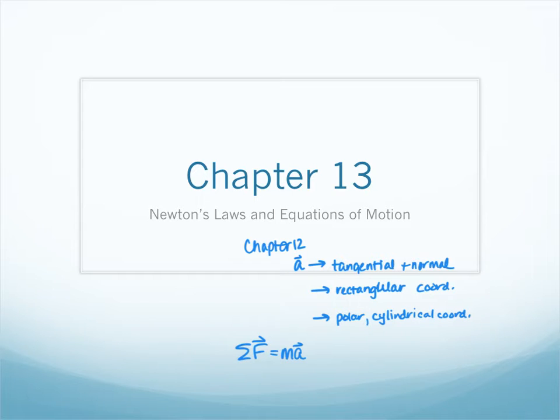So, when we use the unit vectors that represent tangential and normal acceleration, we would look at tangential and normal forces. Or if we're looking at cylindrical coordinates, we would be looking at the forces that are in the radial, the theta direction, and also the z direction. And so we're putting it all together, and I think that makes it a little bit easier and more accessible. So I just wanted to make sure that I pointed that out.